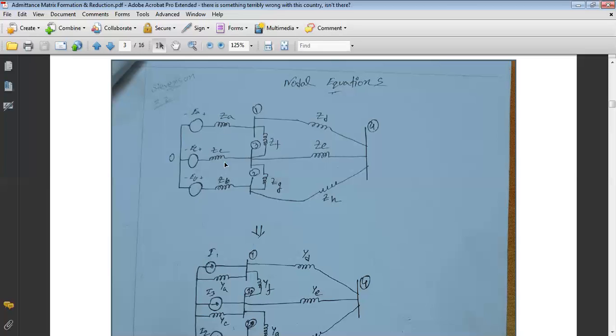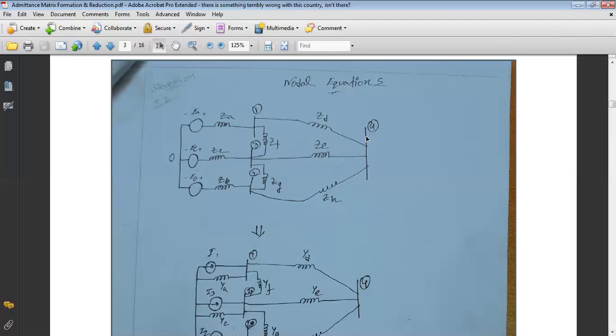All these voltage sources are connected through impedances, that is ZA, ZC, and ZB. And this 0 is not a bus number, this is a reference bus. The ground level or reference level we don't consider as a bus. This is the reference bus, or the ground bus.